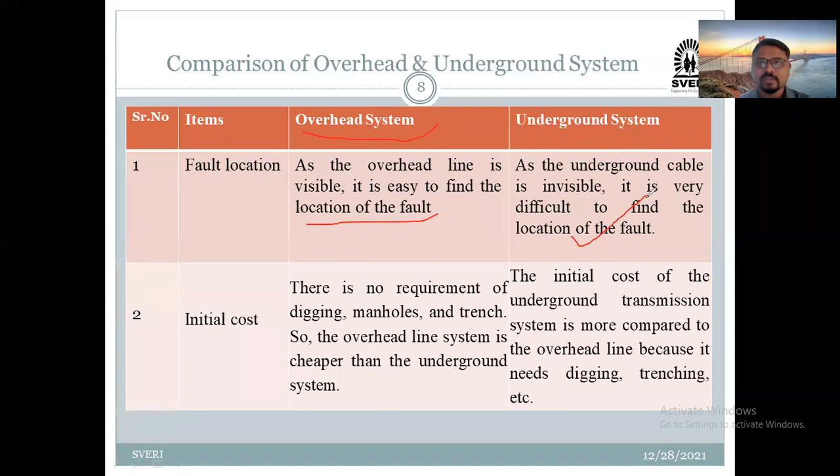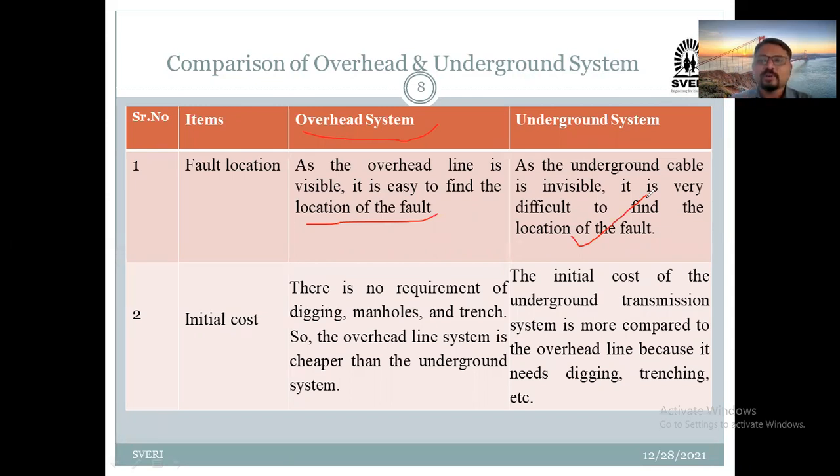Fault म्हणजे काय, बिघाड. Okay, if any fault occurred in any system, now see, the overhead system is visible to our eyes. Whatever this overhead system is, it is visible to our eye.